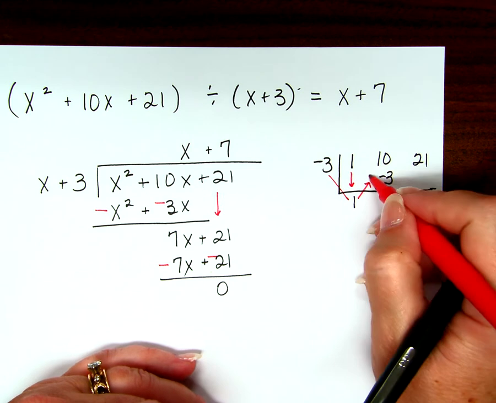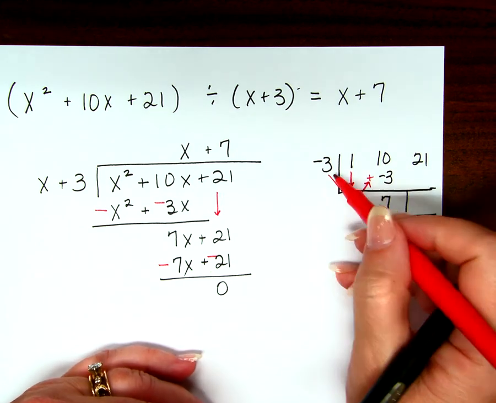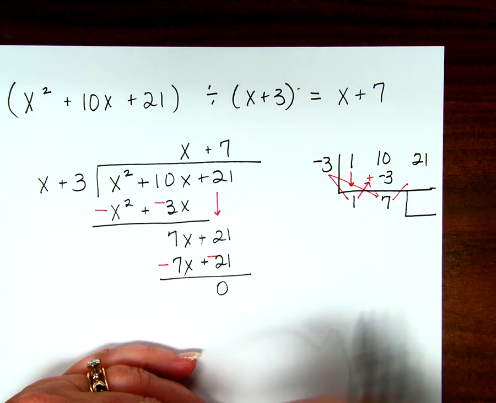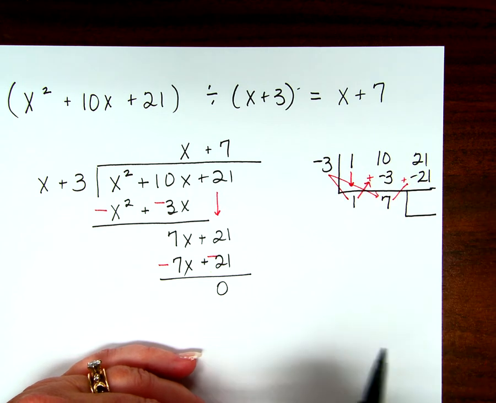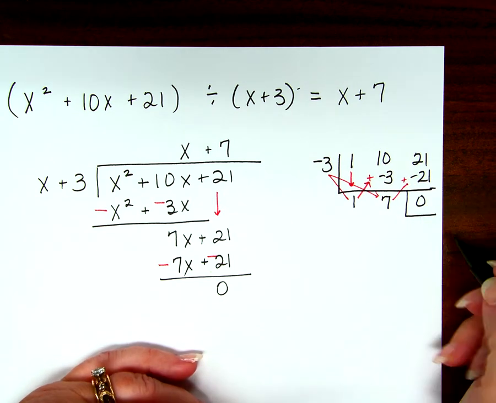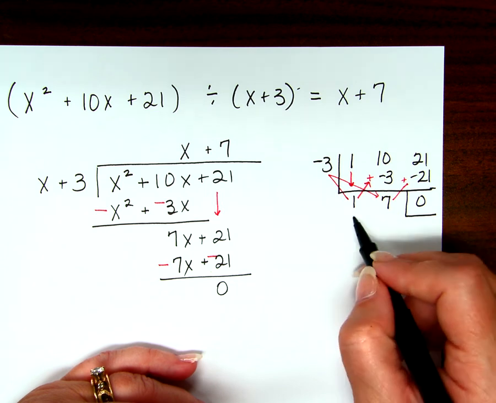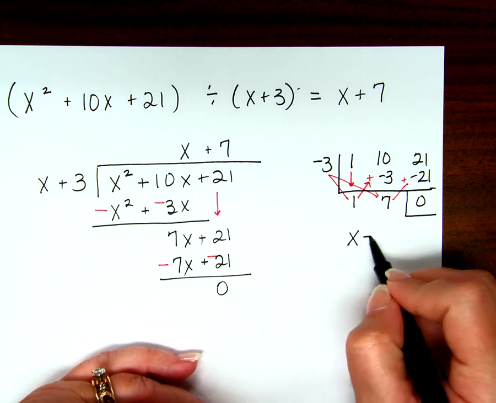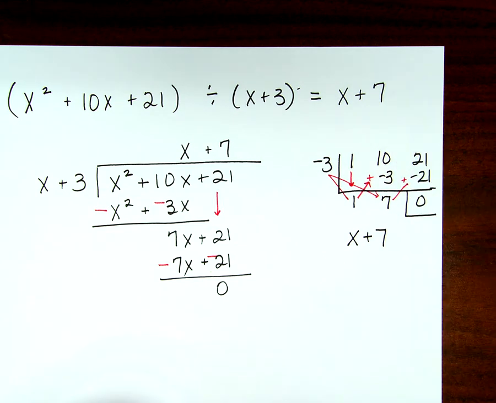And then I add to get 7. And then I start over. Multiply these two. I write it right there. And then I add. If this is my remainder box, the term right beside it is the constant, and the term right beside it is the x term. So this translates into x plus 7, which is exactly what I got when I did long division. Does that make sense?